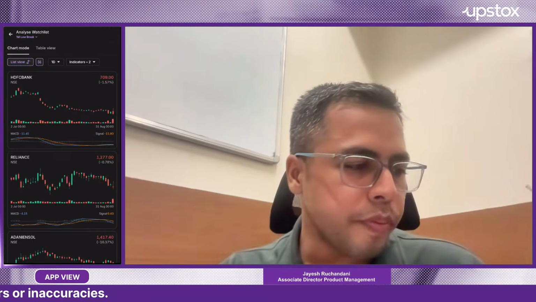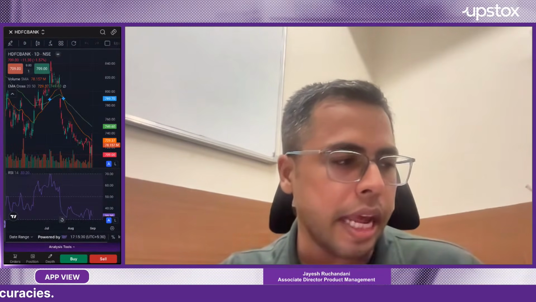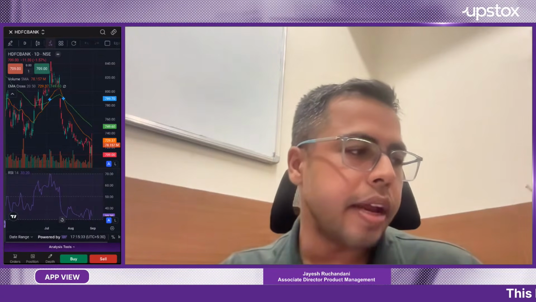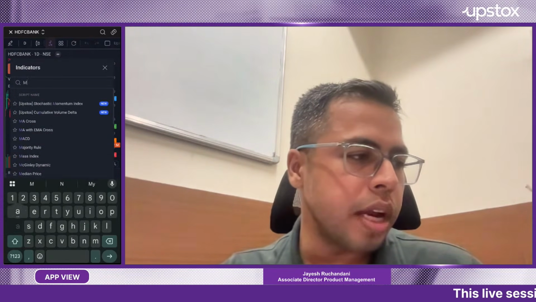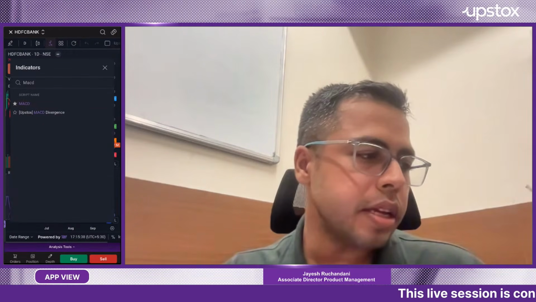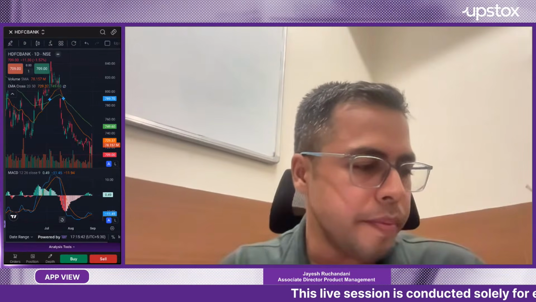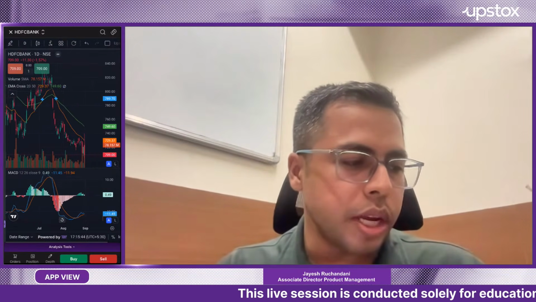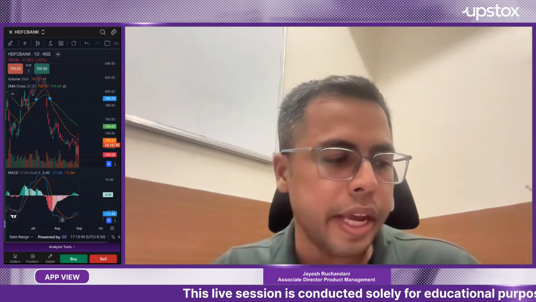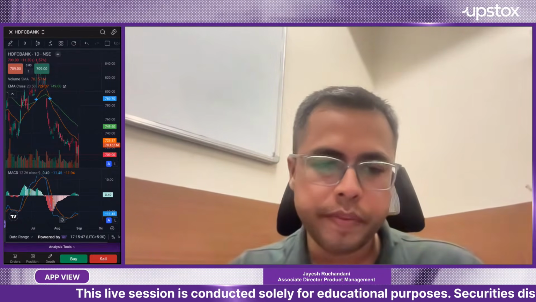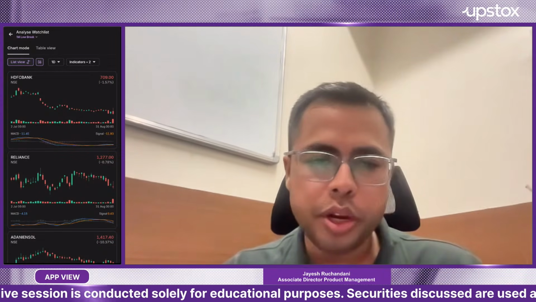So once I click here, again I can see the full chart of this, and MACD is what we are looking at. So I'll quickly add that and remove the RSI. As you can see, a crossover seems to be happening, which we were able to quickly identify here in this board. So this is what the chart mode is all about.